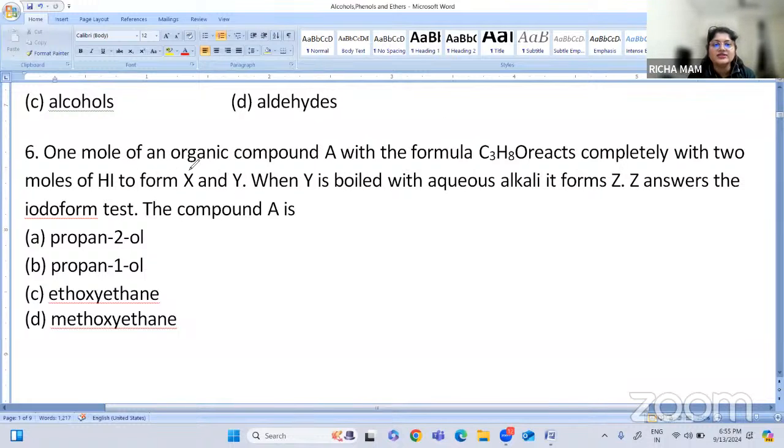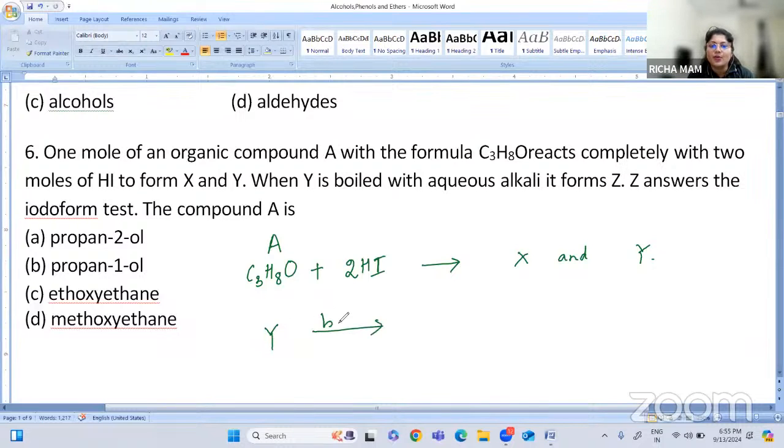What they have asked: 1 mole of organic compound A, having the formula C3H8O, reacts with 2 moles of HI, that is hydrogen iodide, to form compounds X and Y. Now, when Y is boiled with aqueous alkali, it forms Z, and Z answers the iodoform test.